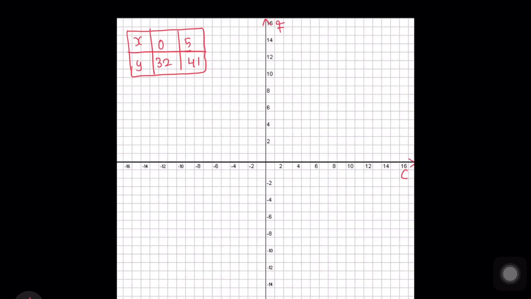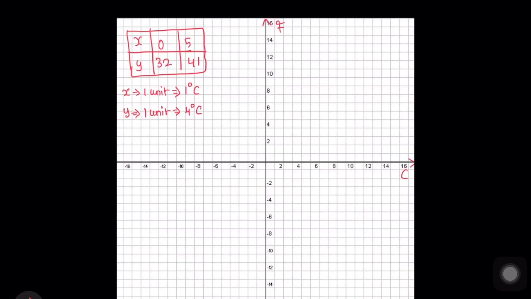Before that, we consider the units and scaling. For our convenience, I fix on the x-axis 1 unit equal to 1 degree Celsius, and on the y-axis 1 unit equal to 4 degrees. So it is for our convenience, and you may choose different values.